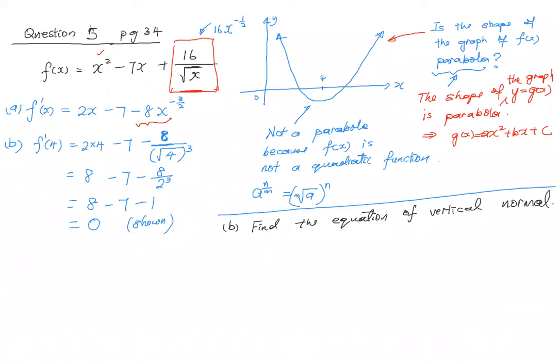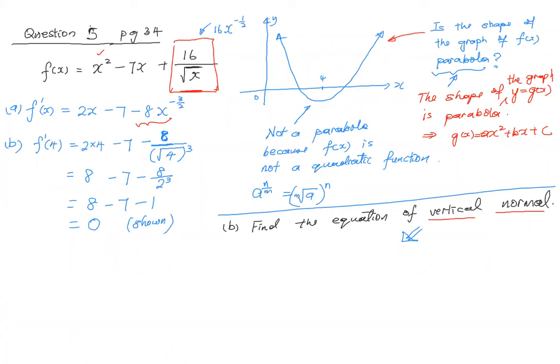So you see, I can play around with you. I'm going to teach you how, if I say find the equation of the vertical normal. If the normal is vertical, you have to think of it in this way. If the normal is vertical, how about the tangent?